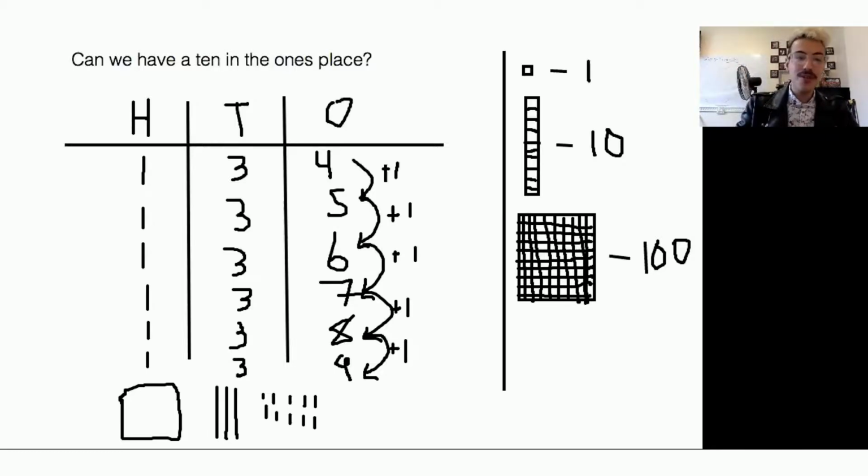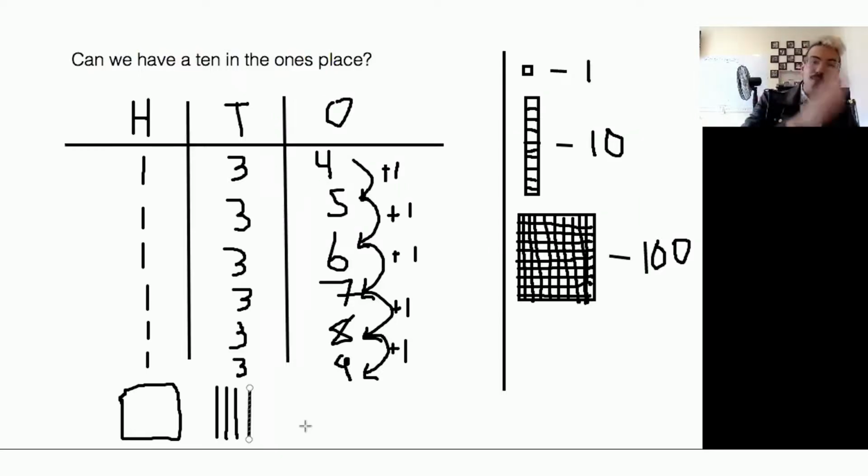What I'm going to do is take these 10 ones, they're not disappearing. I'm just going to create a 10 out of the 10 ones.